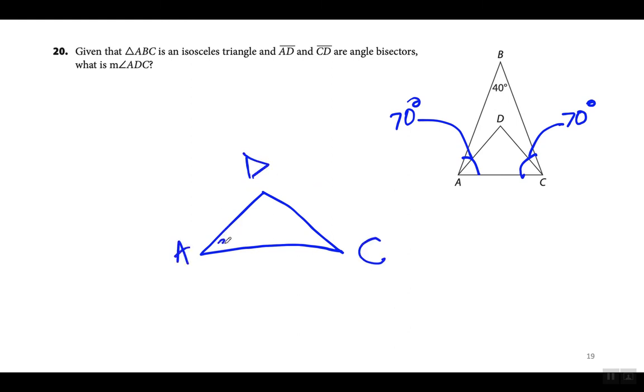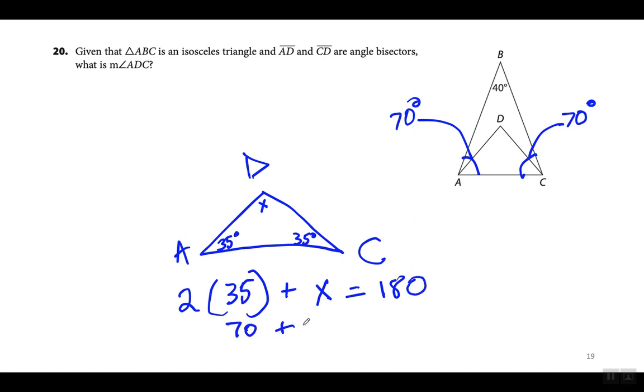If this is 35 degrees and this one's 35 degrees, the question is, what is this one? Let me put X. Okay, tenemos que encontrar cuánto mide este ángulo. So 35 plus 35 is 70. Let me just write it out in case I lose anybody. 35 plus 35, or 35 times 2, is 70.